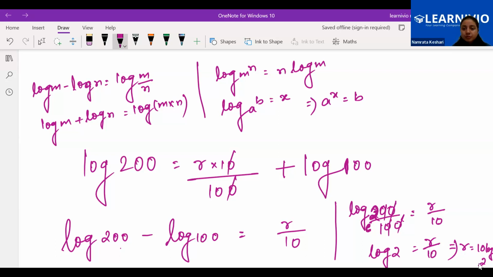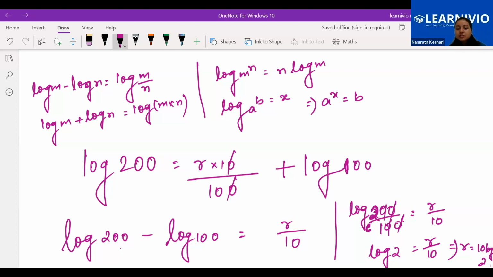Then maybe we have to substitute the value. Just a moment. Actually, we have to put the value of log 2. Here in the question, is it given log 2 value in your book?